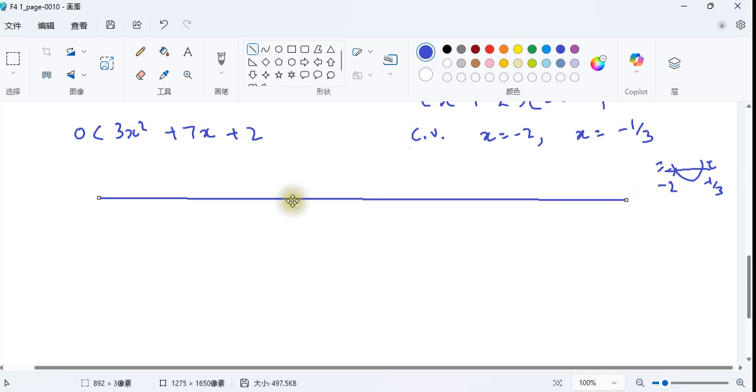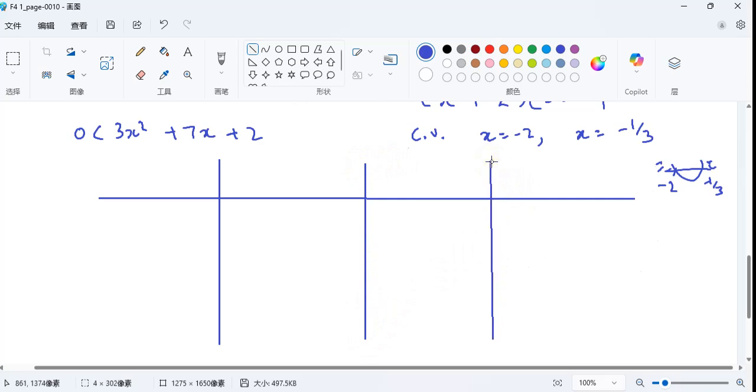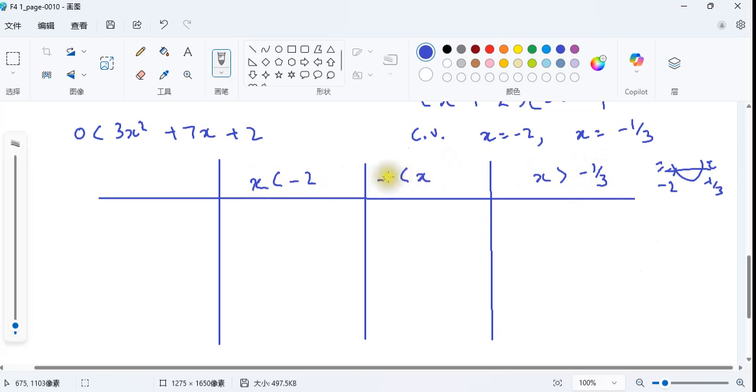Okay, so for this table, we have 4 parts. So first part, second part, third part, and fourth part. So x less than negative 2, x greater than negative 1 over 3, x between negative 2 and negative 1 over 3.